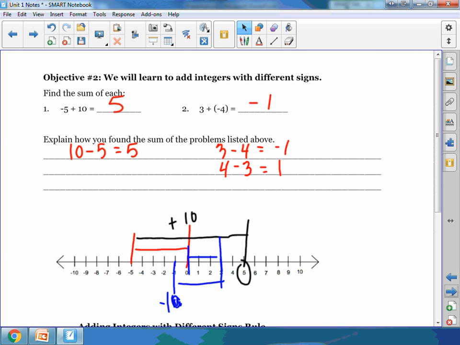Okay, so when you do this subtraction, 10 minus 5, how do you know what the sign is going to be? How do you know if it's going to be positive or negative? What determines that? Marion? Okay, so she said you subtract the bigger number minus the smaller number, but wouldn't the positive number always be the bigger number?